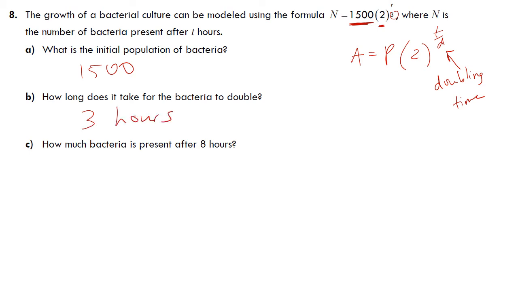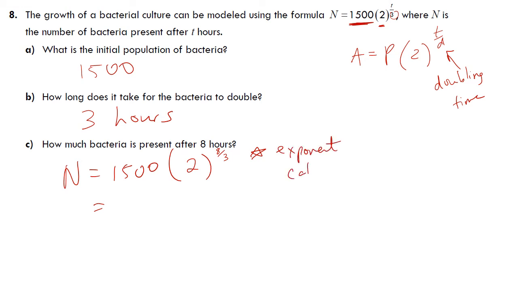How many bacteria are present after 8 hours? So now we're going to actually use the equation. And we're going to put 8 in for T. So 8 over 3. Again, make sure that you do as I've been stressing over the past couple lessons, do the exponent calculation first. And if there's decimals, maybe round to like 3 decimal places or something like that.